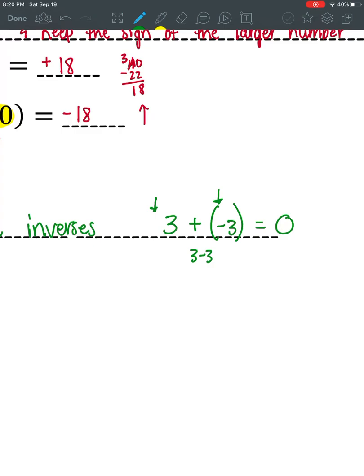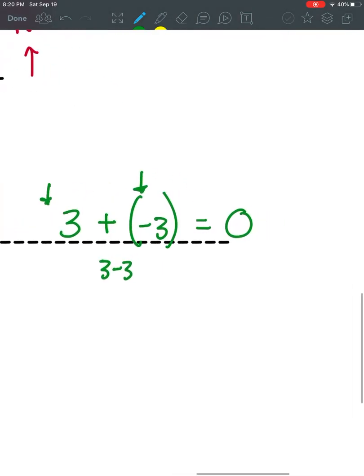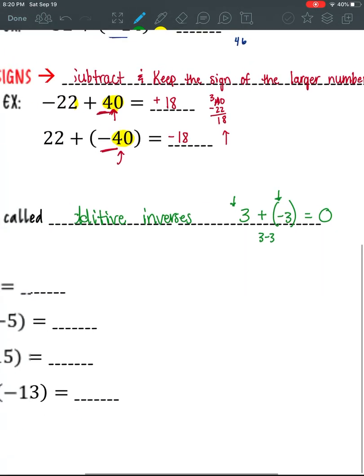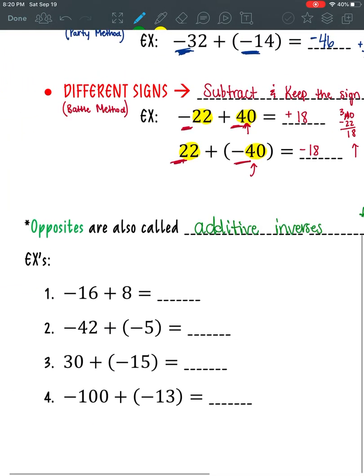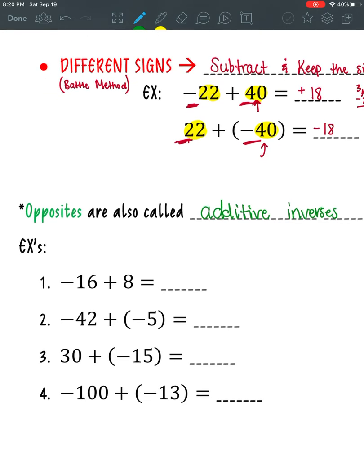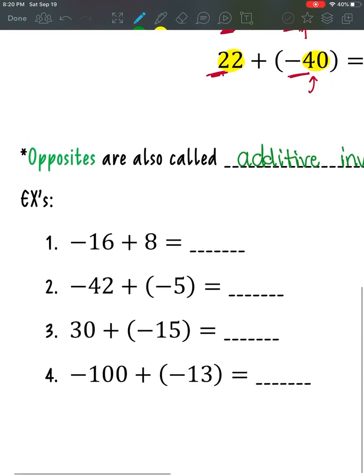So 3 minus 3 is 0. Now in this case, they're both the same number, so the positive or the negative doesn't win the battle in the end. 0 is just 0. It's nothing. It's not a positive number or a negative number, so it's 0. And that is what we call opposites or additive inverses.